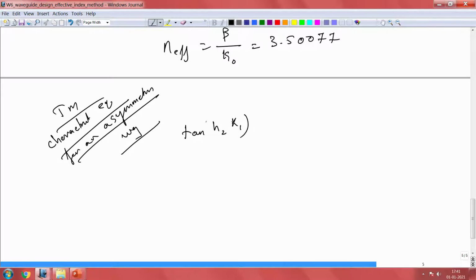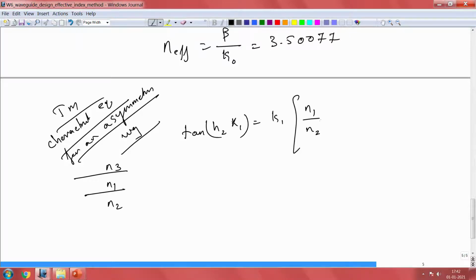So K1 equal to K1, with N1, N2 and N3. So this is asymmetric.